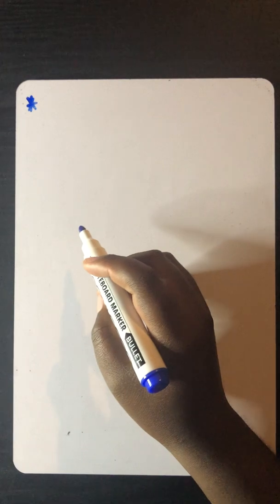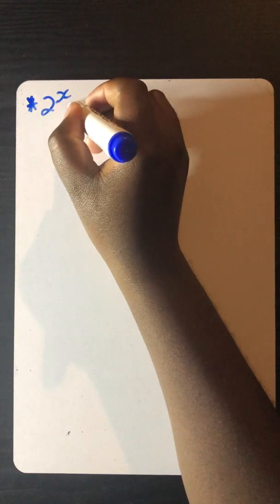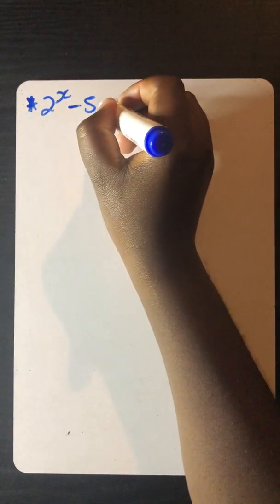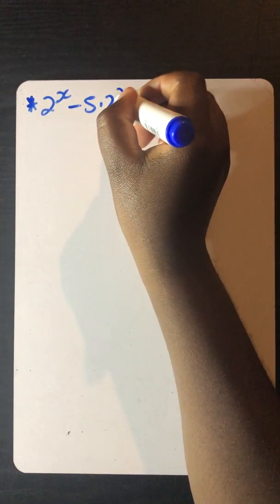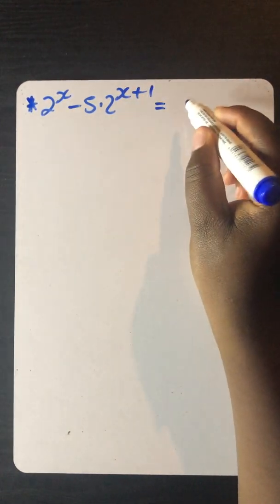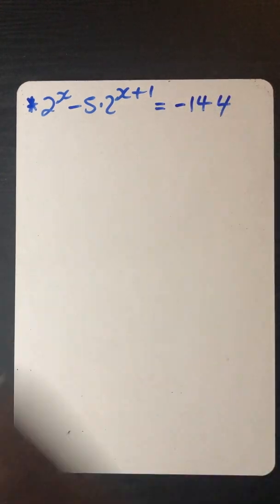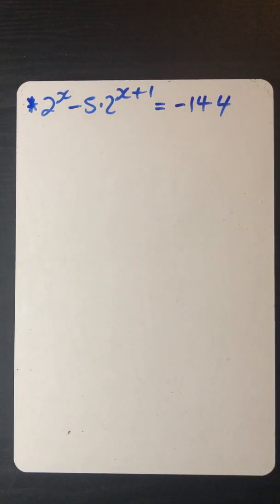Just like the previous question, I'm just going to copy that down: 2 to the exponent x minus 5 multiplied by 2 to the exponent x plus 1. The whole of this is equated to negative 144. Massively important, ladies and gentlemen.